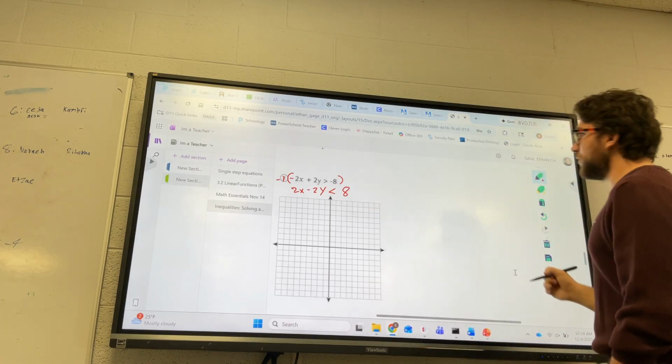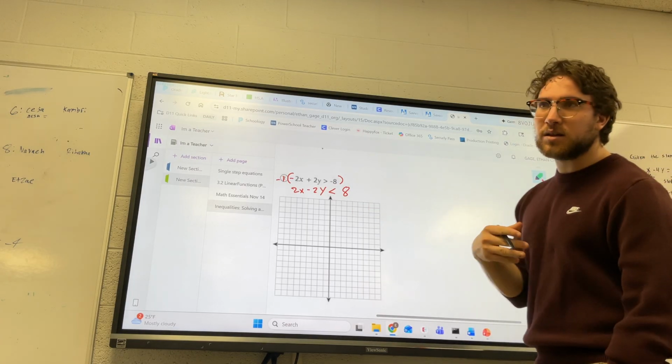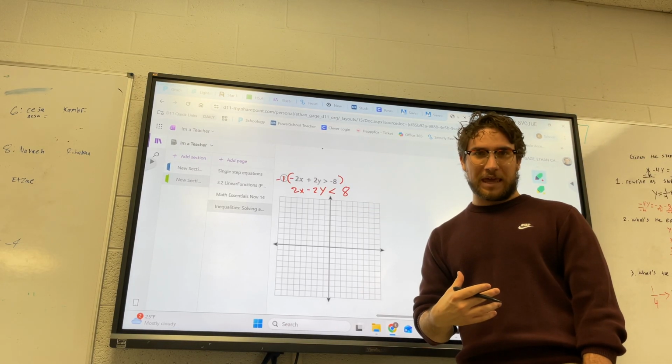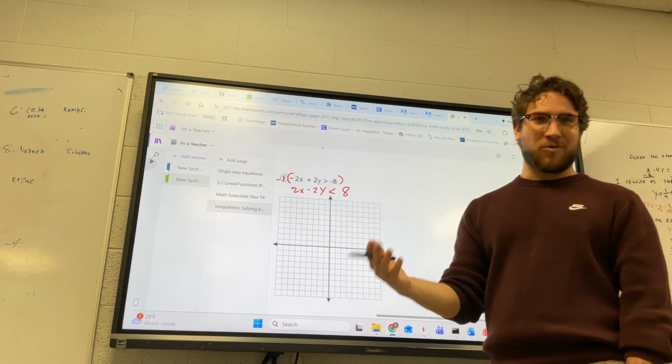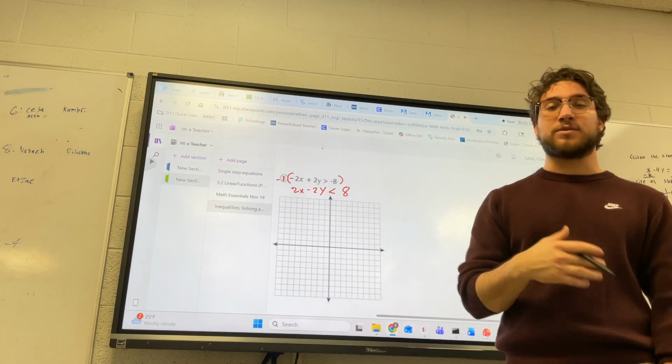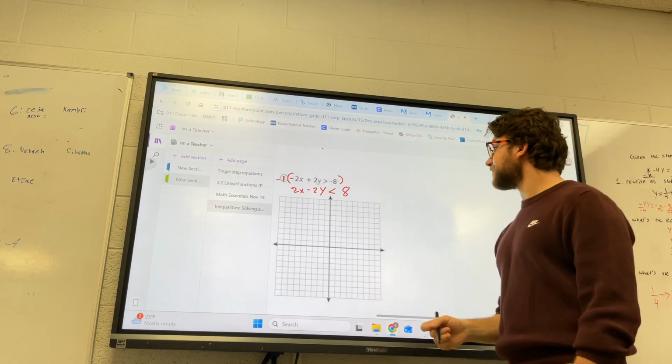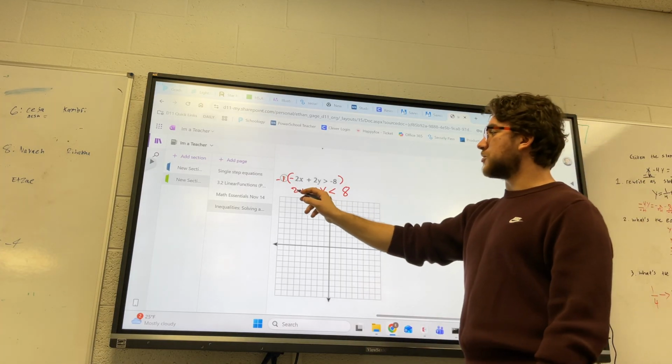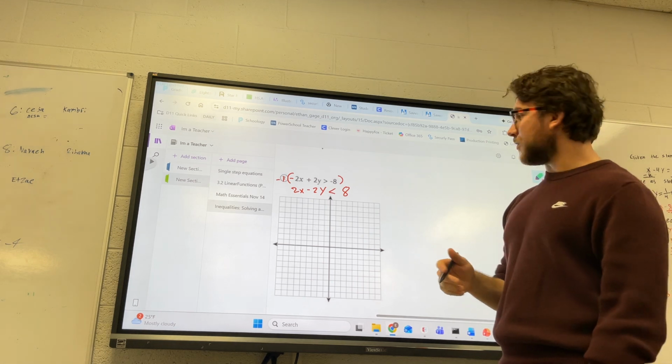We're going to move on. I like graphing it in y equals mx plus b. Converting this into y equals mx plus b is pretty easy. We need to subtract the 2x from both sides.